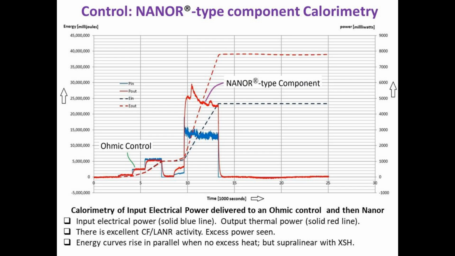Here we can see the input power in blue and the output power in red. The dotted lines show the energy as a result of the integration of curves, and this must be done in all calorimetry. The ohmic control is on the left and shows output just slightly less than the input, and for the LANR type component there is positive power gain above 100%.